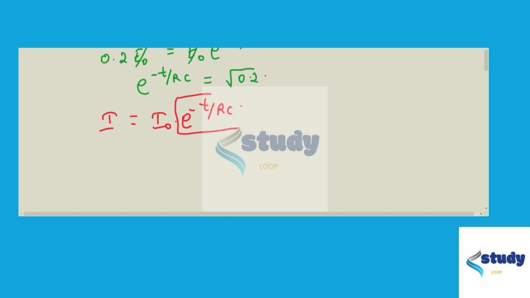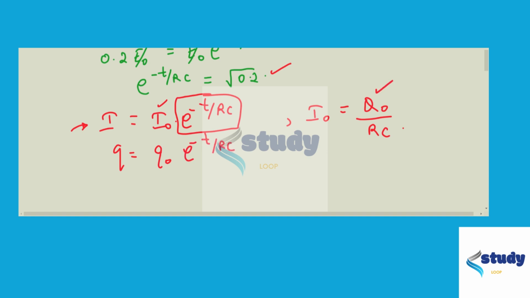We put the value of e to the power minus t by RC as root of 0.2, but we need to get the value of I naught too, and I naught is obtained with ease. It is the initial charge divided by the RC value, because from the discharging of a capacitor we get the equation Q equals Q naught e to the power minus t by RC. So we get this value of I naught, and let's put it in this equation.